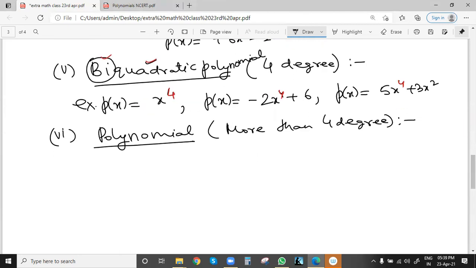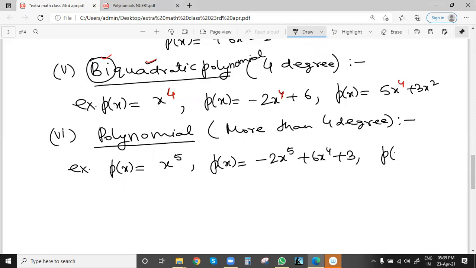So for example, we can have p(x) equals x to the power 5, or p(x) equals minus 2x to the power 5, or any value plus 6x to the power 4 plus 3. We just have to focus on the maximum power of x, that is 5, or it can also be 6 or any higher power.